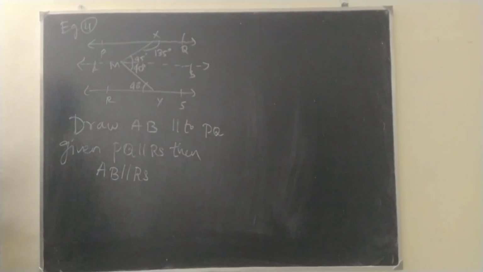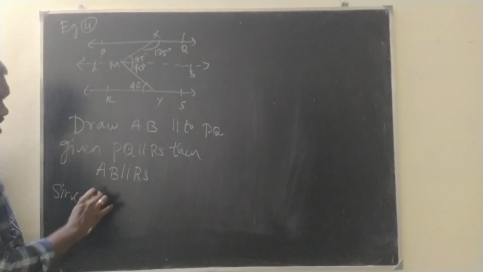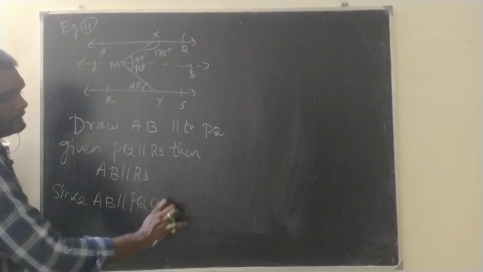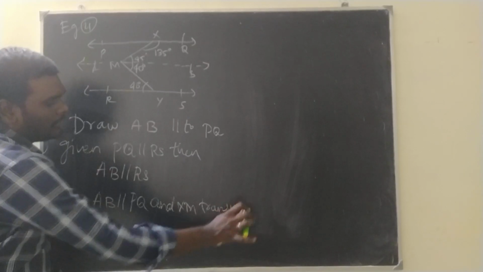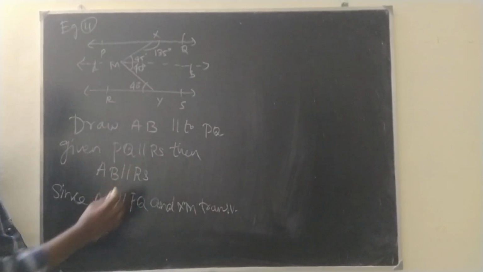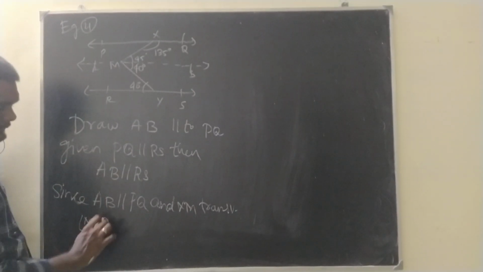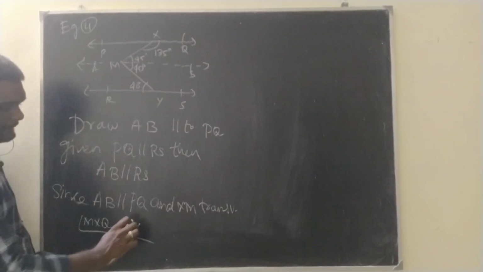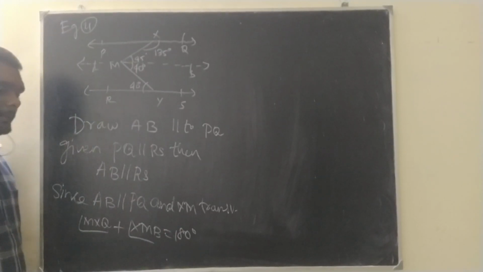Okay, and from that, since AB is parallel to PQ and XM is the transversal, the angle MXQ plus the angle XMB equals 180 degrees.